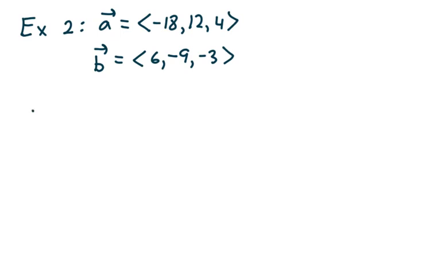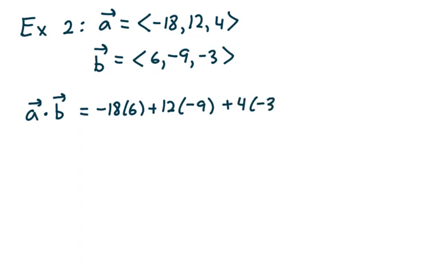And so, just like in the last one, I'm going to look at A dot B. Well, that's negative 18 times 6 plus 12 times negative 9 plus 4 times negative 3. So it doesn't look like it's going to be 0.